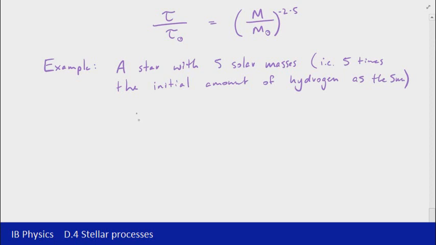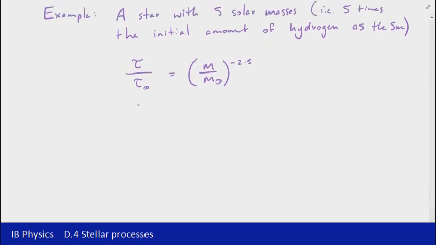So looking at that relationship, tau over the lifetime of the Sun being equal to m over the mass of the Sun to the power of negative 2.5, what we're really saying here is that we're looking at how the lifetime of this star compares to that of the Sun.